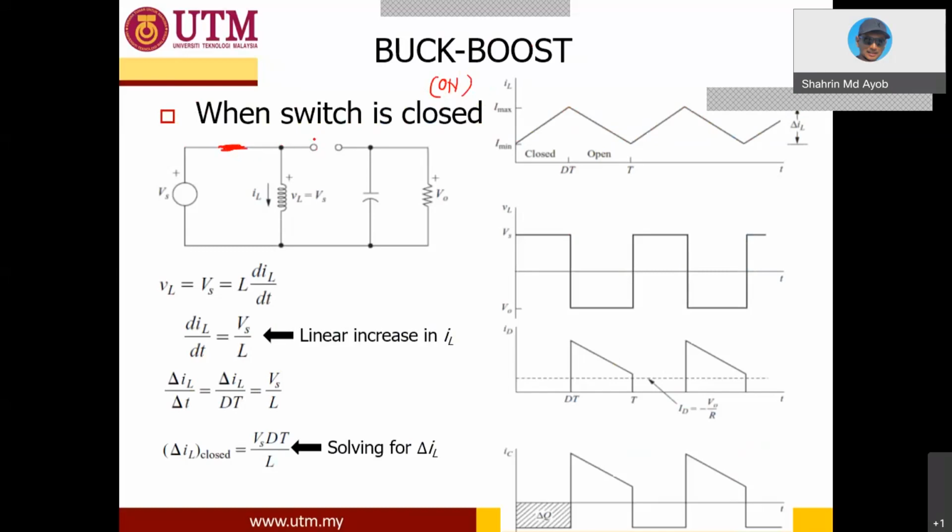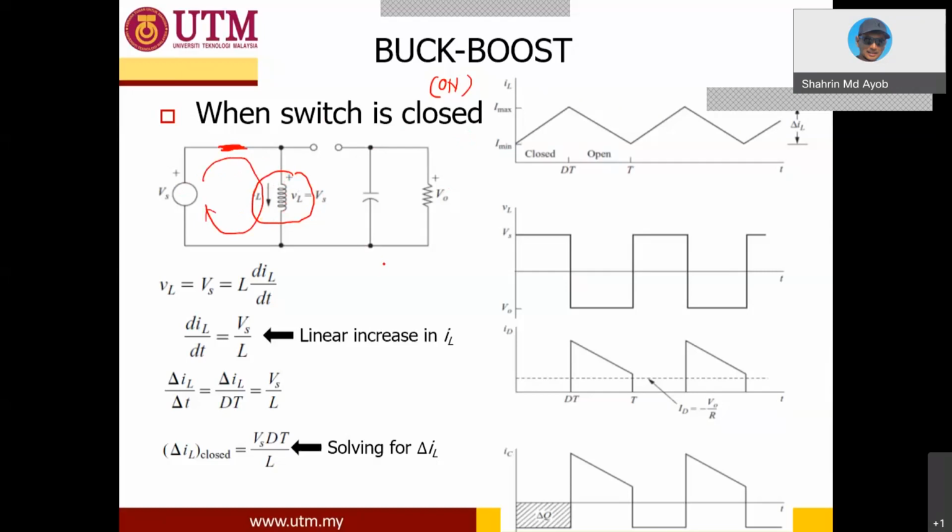Based on the circuit's operation, this diode will automatically be reverse biased, so the output is disconnected from the input. The analysis will concentrate on VL. What is VL when the switch is closed? The current will only flow through this loop, meaning that your voltage source is charging the inductor.